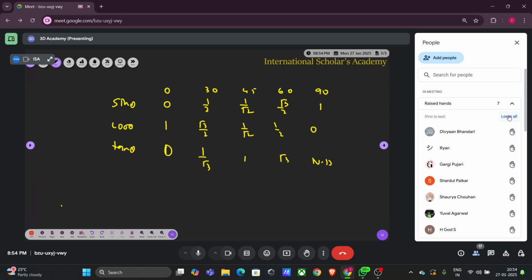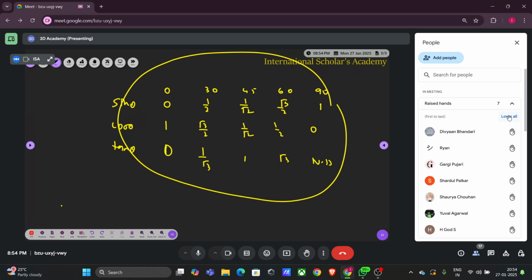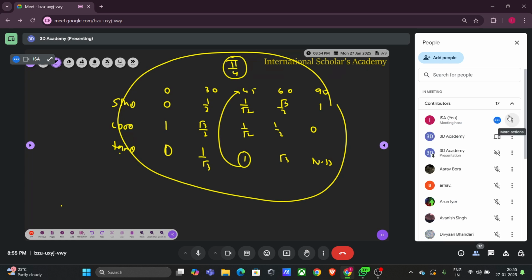Now all these are my inputs. So it was talking about tan inverse 1. Tan inverse 1 is for 45 degree, and 45 degree in radian is pi/4, and it lies in my range. How many of you understanding this point? Please raise your hands, guys.